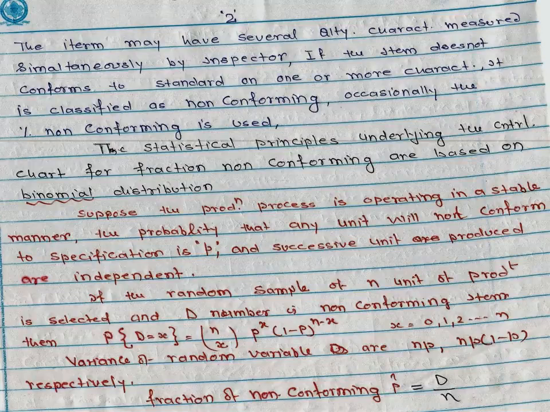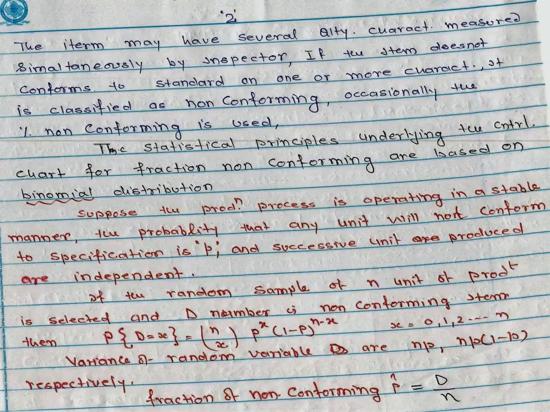The probability of success of any trial, if it is indicated by a small p, then the probability of failure is 1 minus p. It's obvious. If the success probability is p, then obviously 1 minus p is the failure. So the probability of success is a constant.